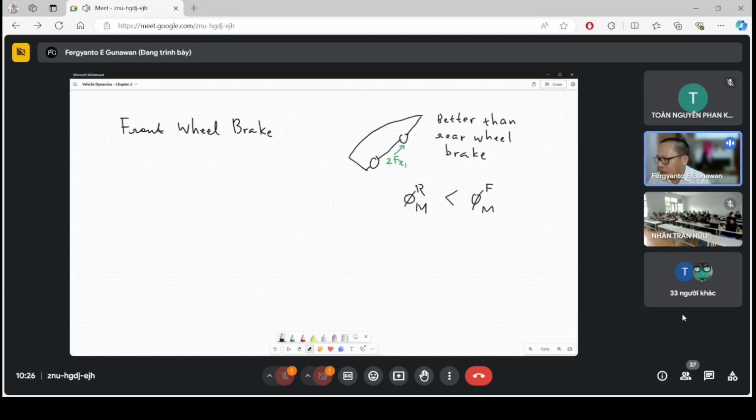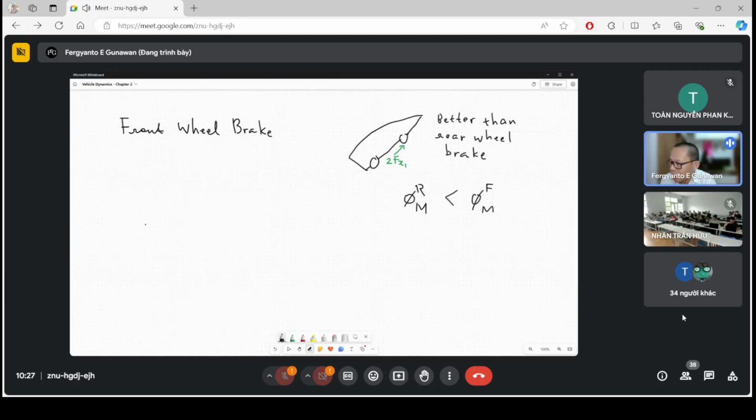Okay, so now I think you can easily see the equation, right? The equation is practically the same.